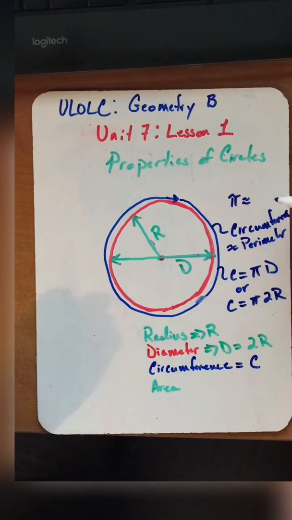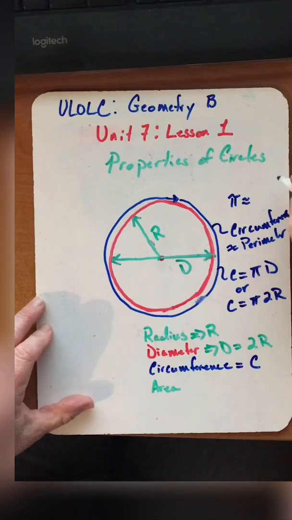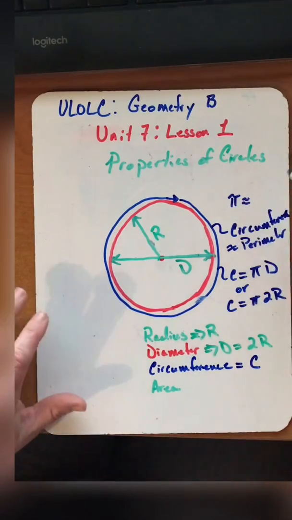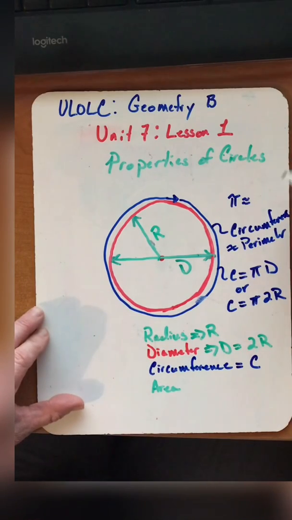Pi is a number that mathematicians have measured eons ago. We could go into the history, but it's basically any circle. If you draw it exactly with a compass or whatever, and you measure the circumference and you measure the diameter, pi is basically a ratio between the circumference and the diameter.